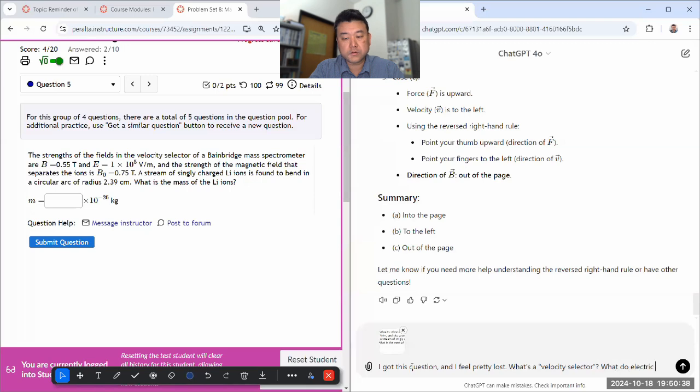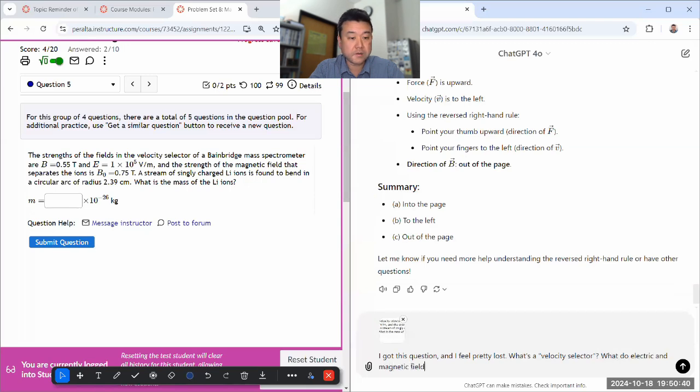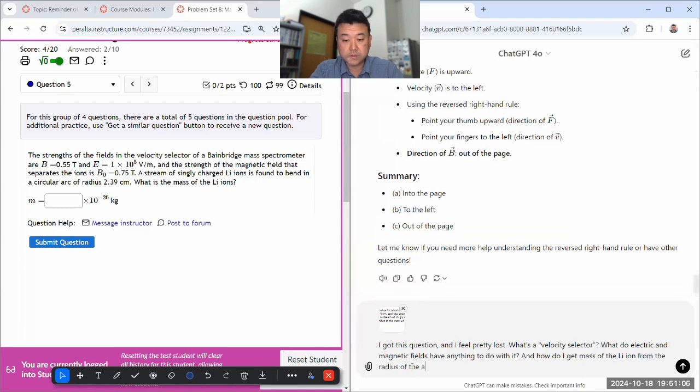What do electric and magnetic fields have anything to do with it? And how do I get mass of the Li ion from the radius of the arc?